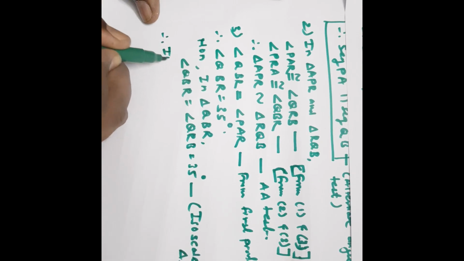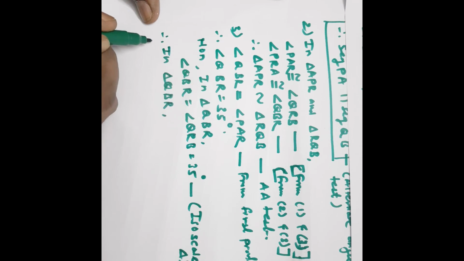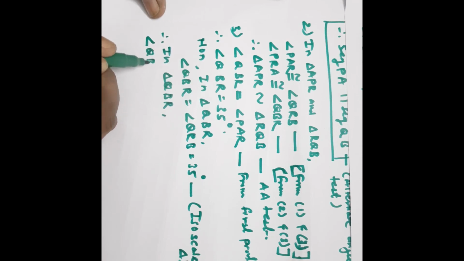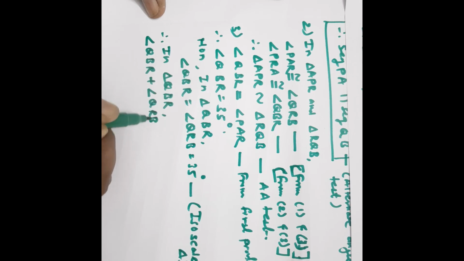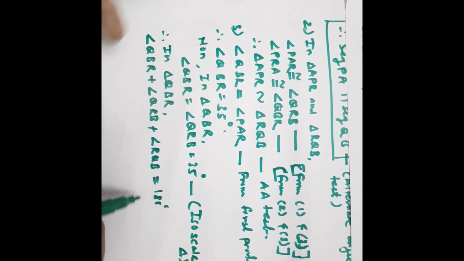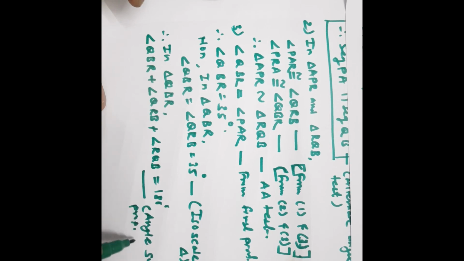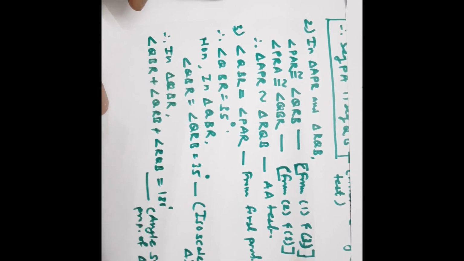Therefore, in triangle QBR, angle QBR plus angle QRB plus angle RQB is equal to 180 degrees, by the angle sum property of a triangle.